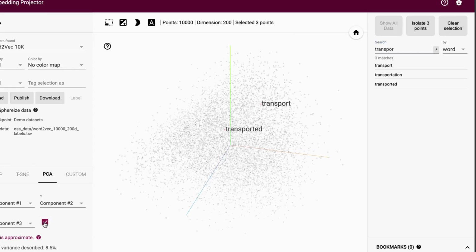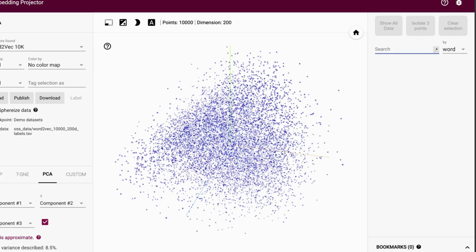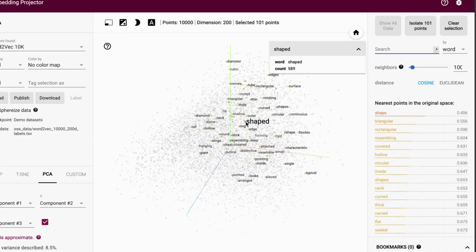Let's take three components and search for something here. Shaped. If I want to see neighbors, 100 words, all these triangle, rectangle are related, and see this vector score added to each one.